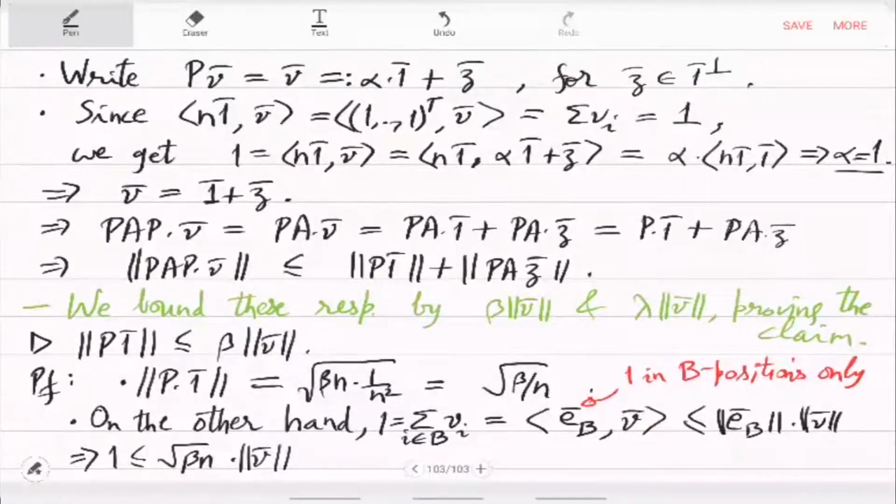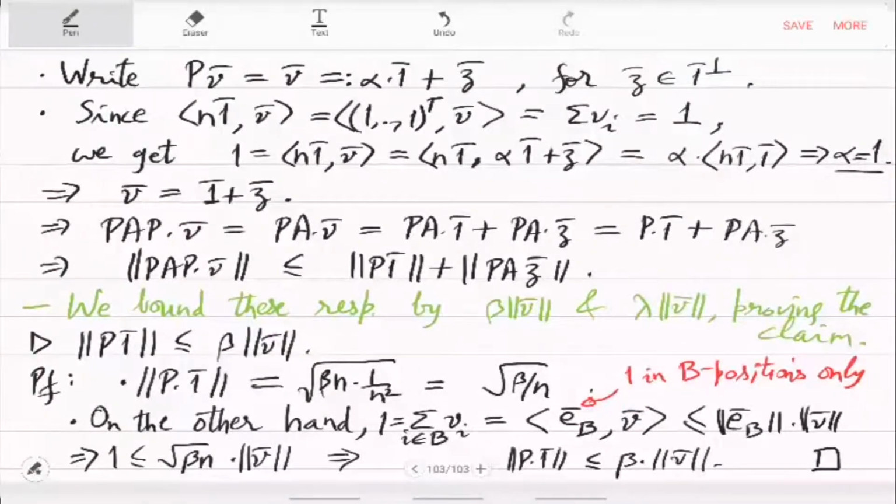So which means that P1 bar that we have calculated above is less than or equal to beta times V bar, right?